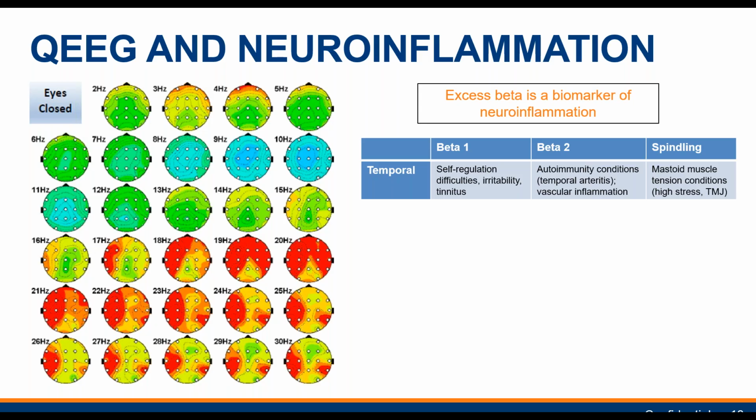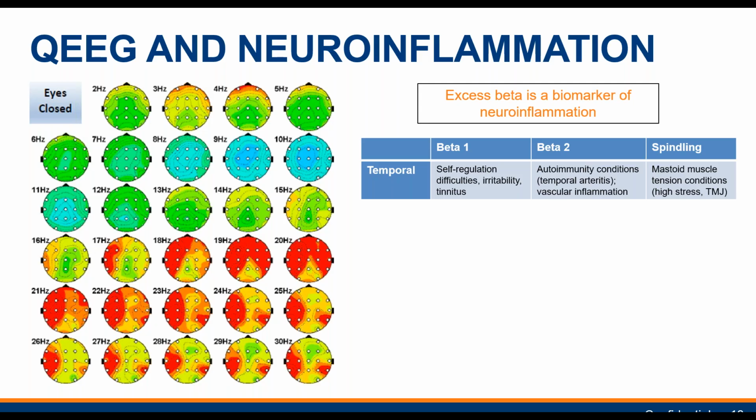And when you see it continue into beta 2, now you can be thinking maybe there's some type of autoimmune condition going on here, maybe temporal arteritis, vascular inflammation can show up here as well. Now, if you see spindling, that would be from looking at the raw EEG signal. Sometimes that'll mean mastoid muscle tension conditions, right? So you're thinking TMJ or just in general high stress.